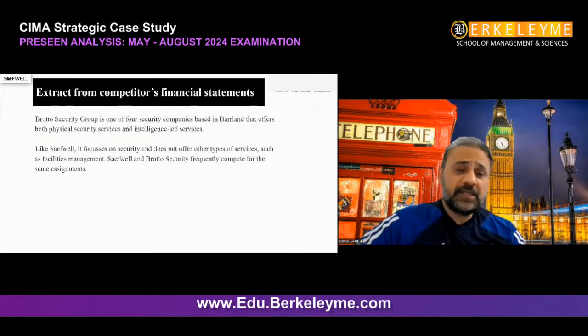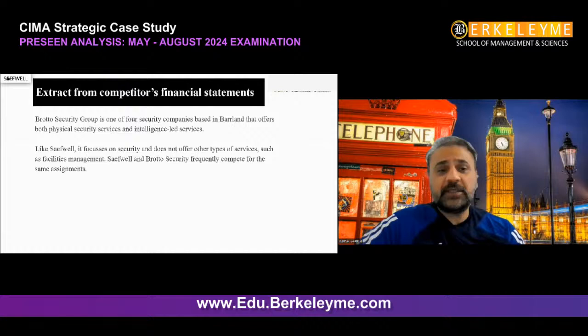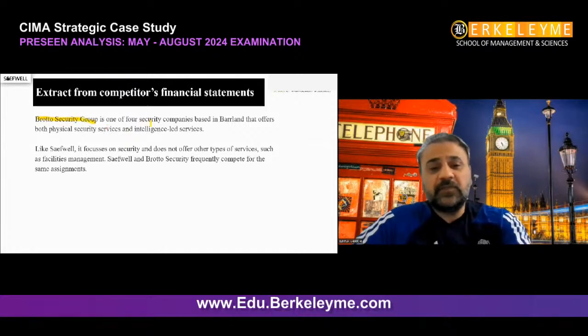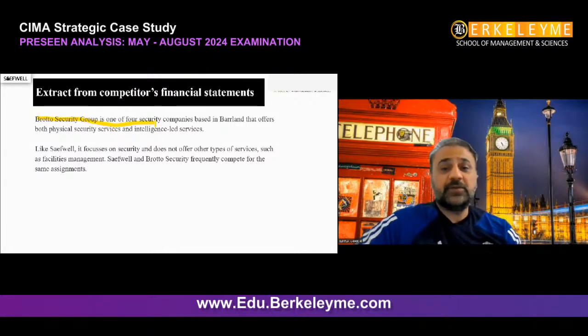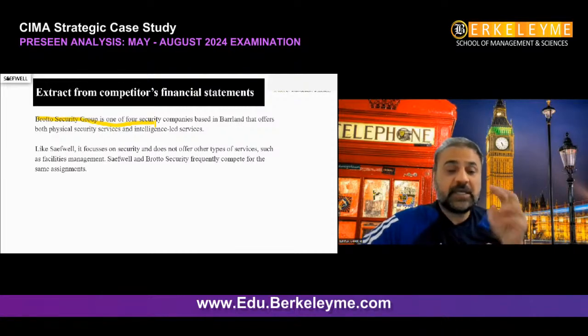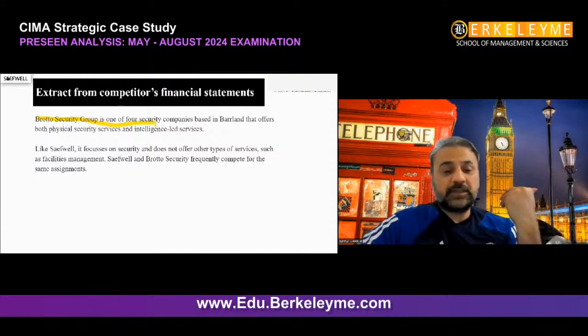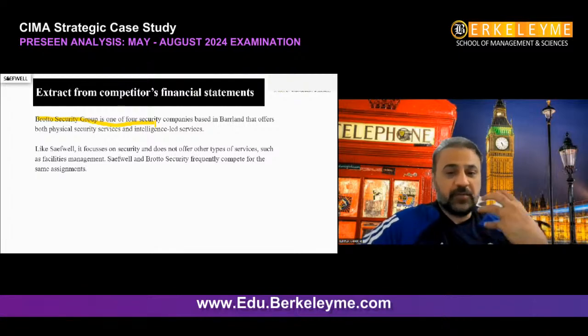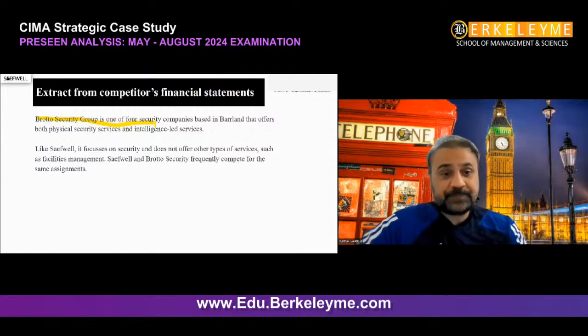Safewell is a company and they have a competitor. Brutto Securities is one of the 4 security companies based in Portland that offers both physical security services and intelligence-led services. So there are 2 types of services in the ecosystem. Section 1, generally we analyze, but because you have already read the case, you already know when the company was formed and what services they are into.